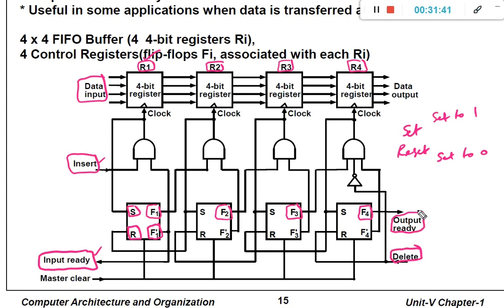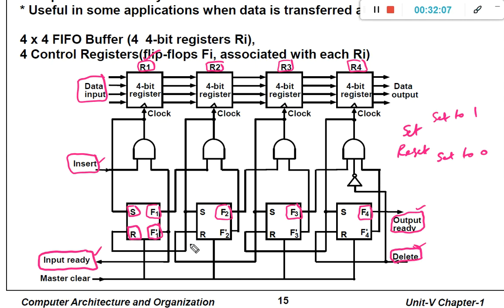These two are also synchronized. These two control lines, output ready and delete, constitute a source initiated pair of handshake lines. Based on their values, we perform the output operation.